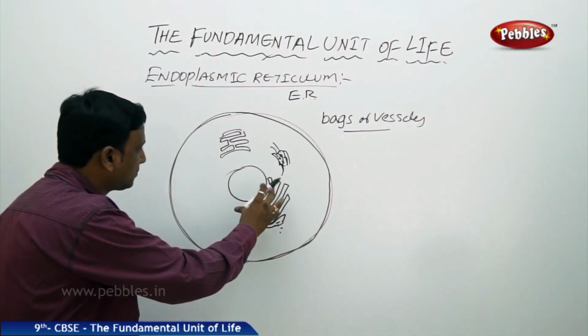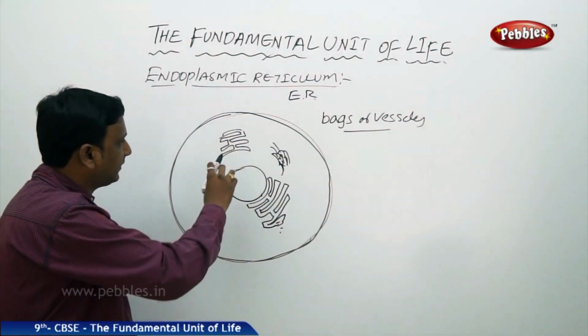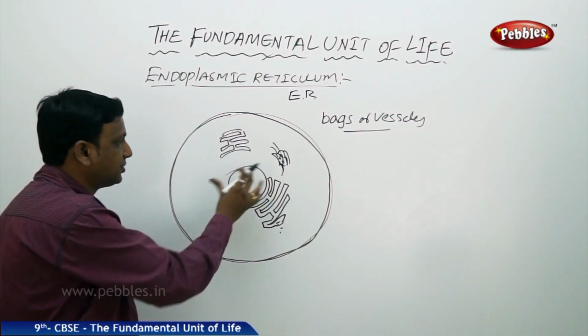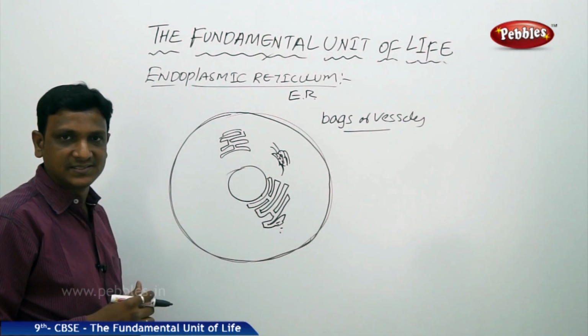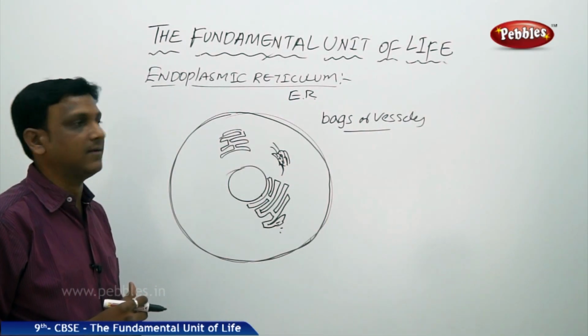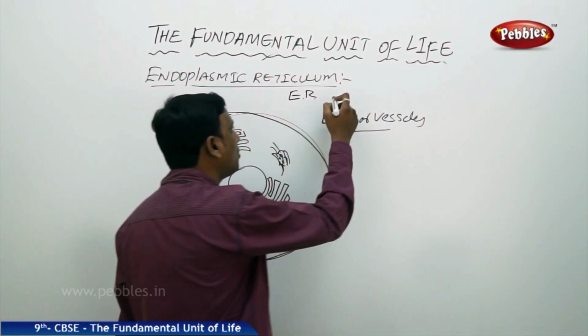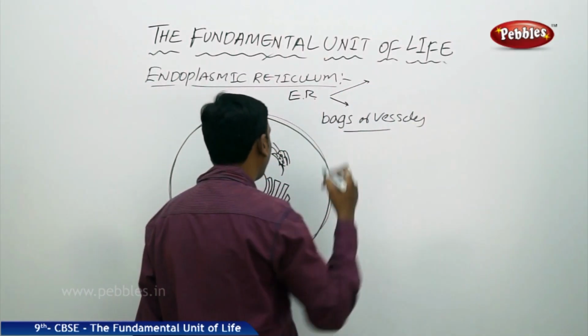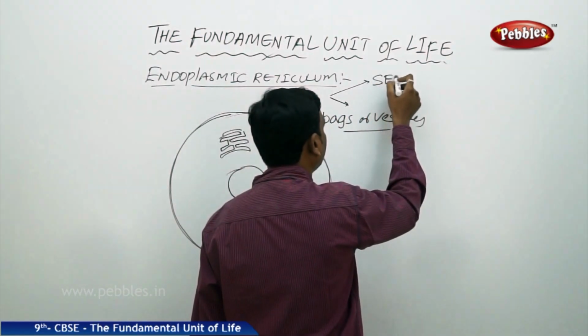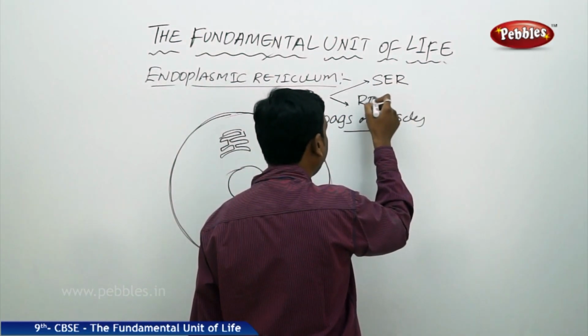Now, we have seen the structure. Even though they vary in their shape, size and orientation in different cells, they form a network which is called the endoplasmic reticulum. Basically, we find two different types of endoplasmic reticulum inside a cell. One is SER, the other one is RER.